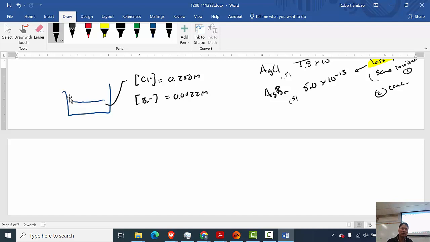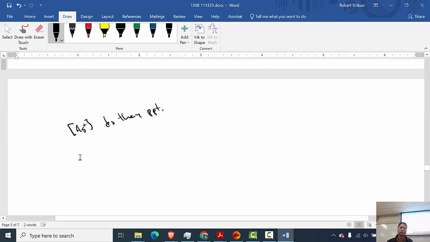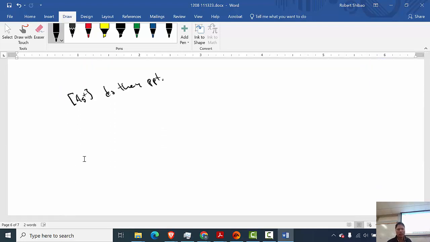With fractional precipitation, we need to do something different. We need to know at what silver ion concentration they precipitate. So, in other words, we're going to look at the silver ion concentration required to precipitate chloride.